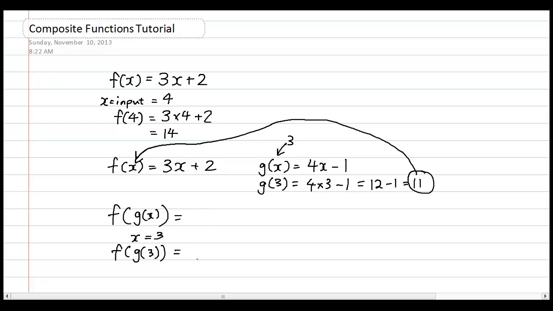So now it becomes f of 11, which means I take this number times 3, which gives me 33, plus 2, which is 35. Right, so that's what a composite function means: getting the output from one function and putting it as the input of another function.